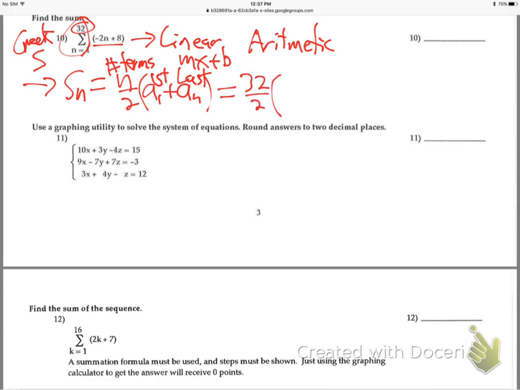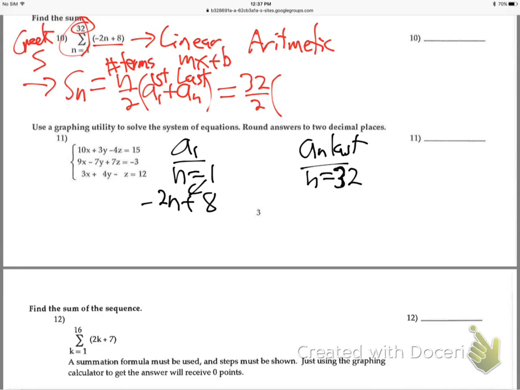First term. How am I going to find the first term and the last term? Yeah, let n be 1. And a sub n last term, let n be 32. Because remember, there's 32. So plug in 1 to the minus 2n plus 8 formula. Plug in a 1. And then plug in a 32.